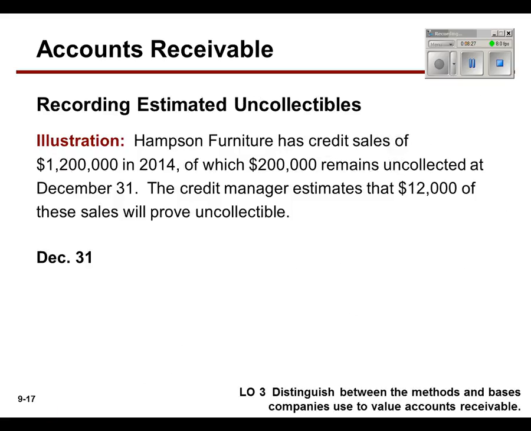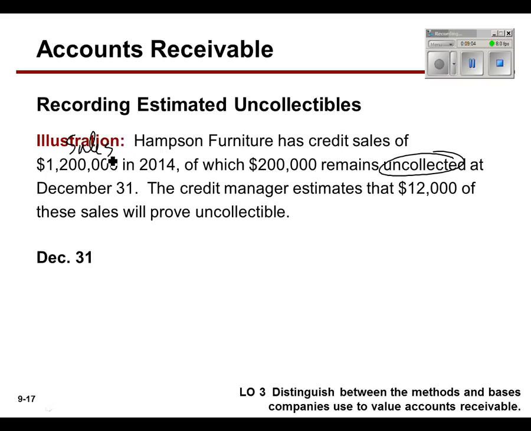So what does this look like? Let's just keep going. Recording estimated uncollectibles. Let's look at this. Hampson Furniture has credit sales of 1.2 million. Wow. Of which 200,000 remains uncollected at the end of the year. So they've had sales of 1.2 million, but at the end of the year, 200,000 of that is going to be uncollected.